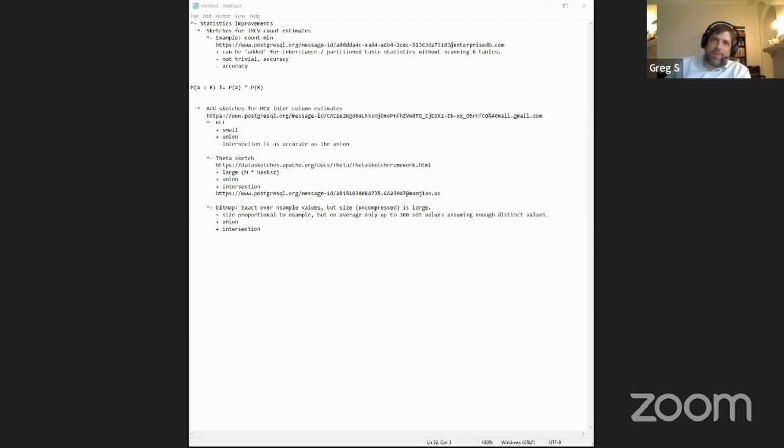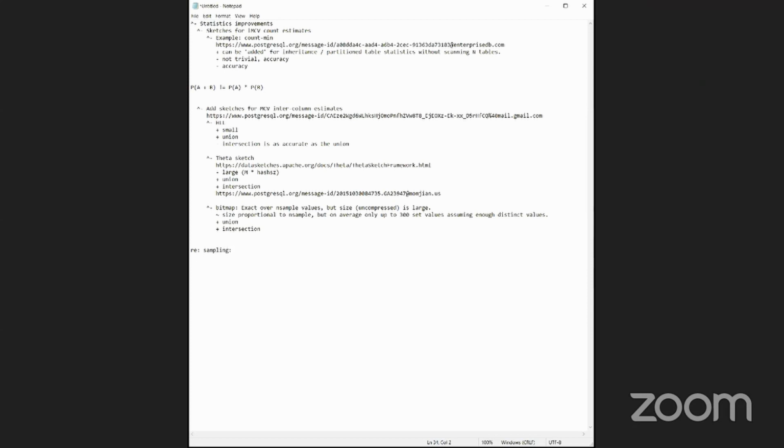Matthias is also keeping his notes, so it's fine. If this isn't useful, that's fine. I'm not upset. Yeah, this is a copy of my working document on things I think can be changed in Postgres. So, yeah.